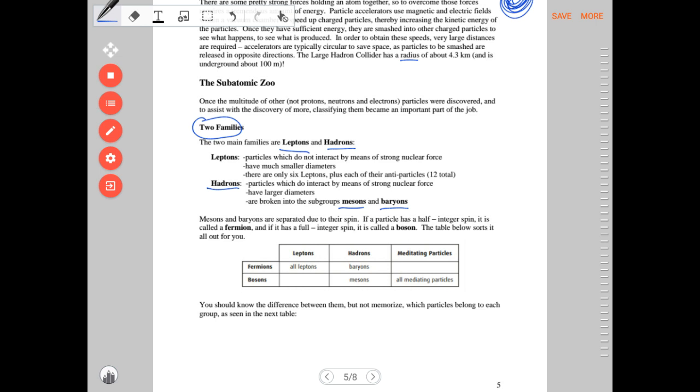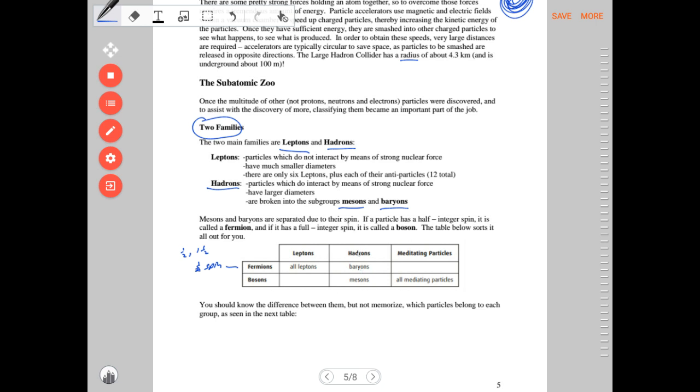Mesons and baryons are separated due to their spin. If a particle has a half-integer spin, it's called a fermion. So fermions have half-integer spins, like a half, 1.5, 2.5, you get the idea. All leptons are fermions, so they all have half spins.